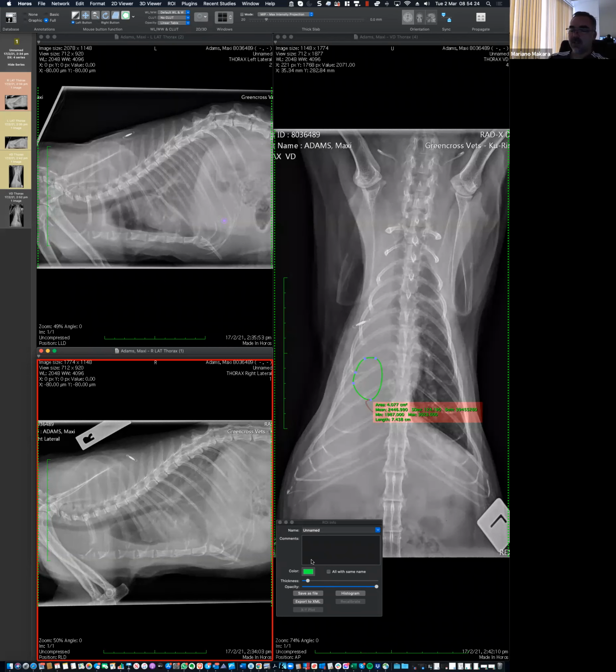Is it part in the lung, part in the pleural effusion? Can I see something abnormal in the lung? By putting a probe, you will be able to answer those questions. You're going to be able to confirm the hypothesis if you had one. Otherwise, you're going to find something different, and you could also sample.